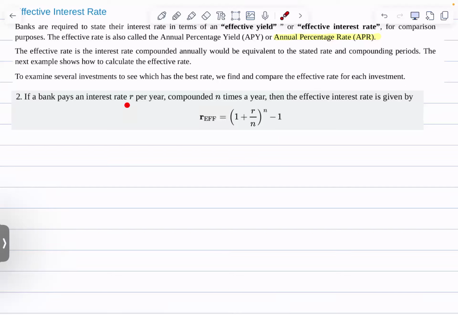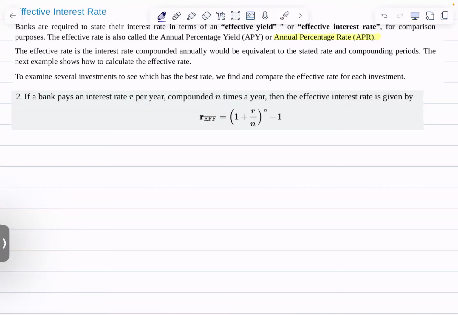If a bank pays an interest rate R per year, compounded N times per year, then the effective interest rate is given by, and we use a little R with a subscript EFF, just to indicate that it's the effective interest rate.